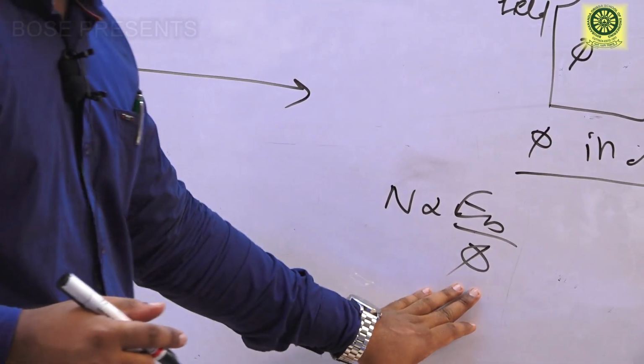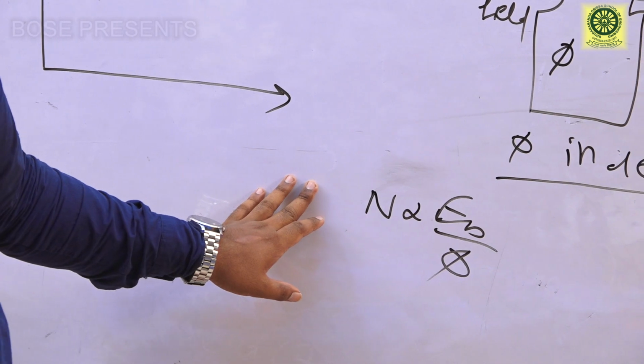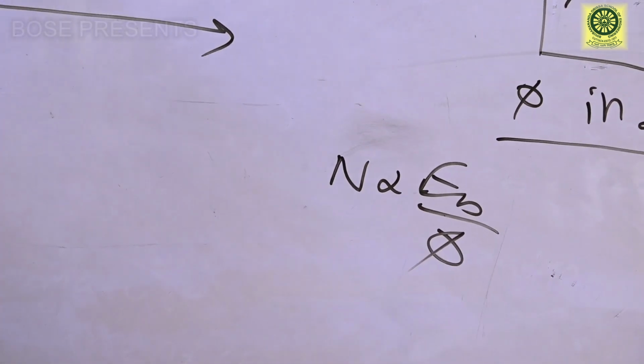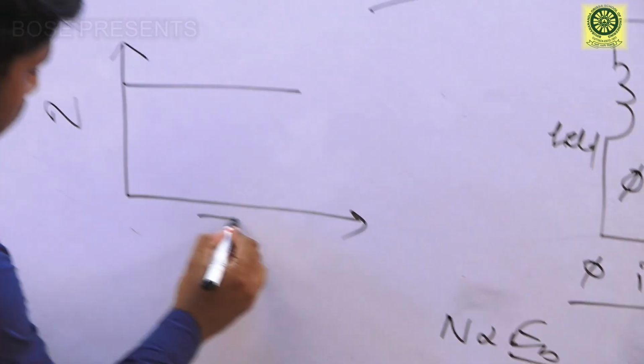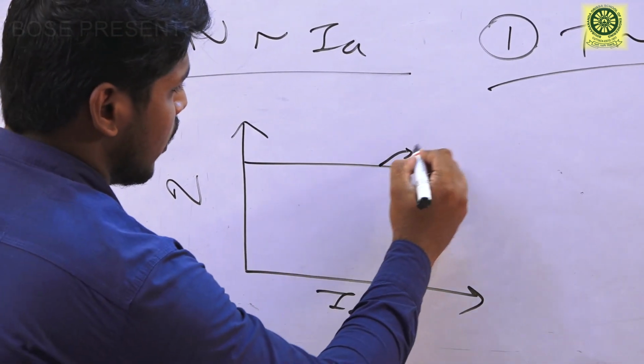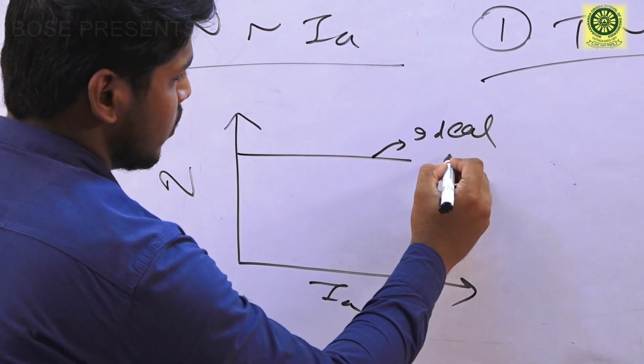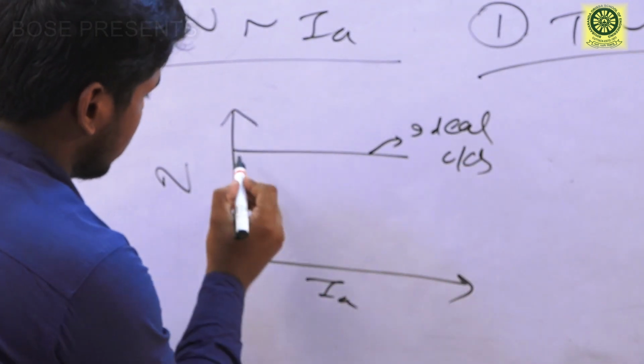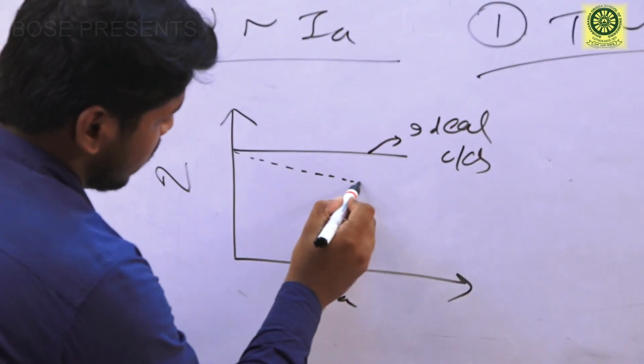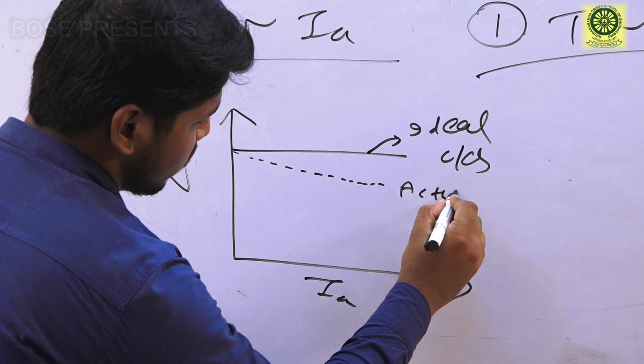So by changing the armature current, the speed will be slightly reduced. This is the speed, this is the armature current, this is the ideal, and this is the actual. It will slightly reduce.